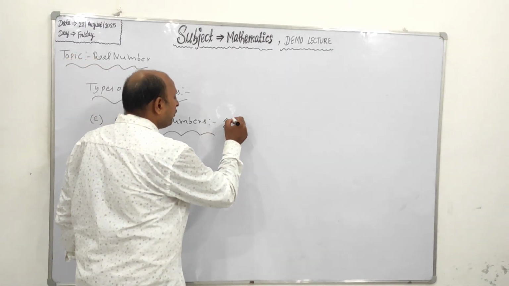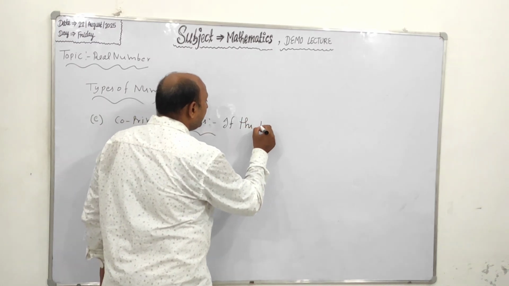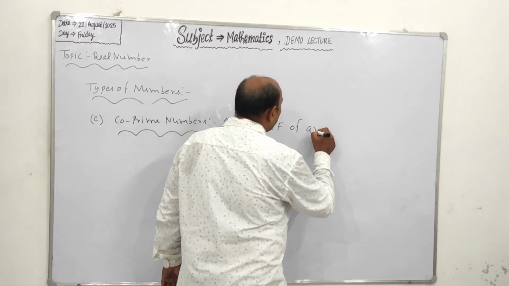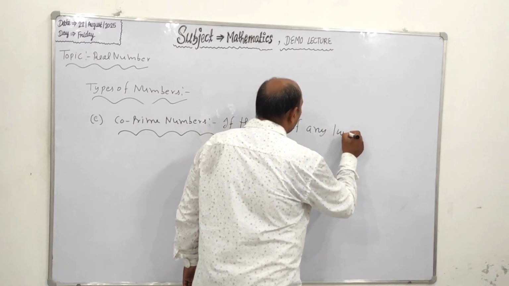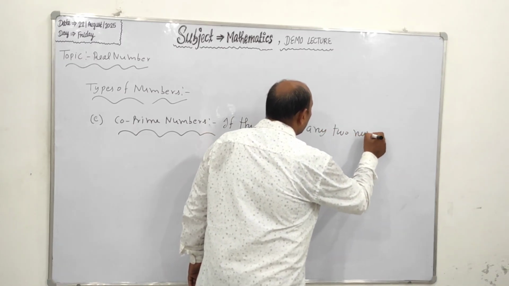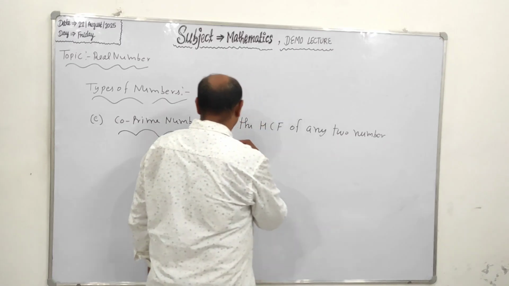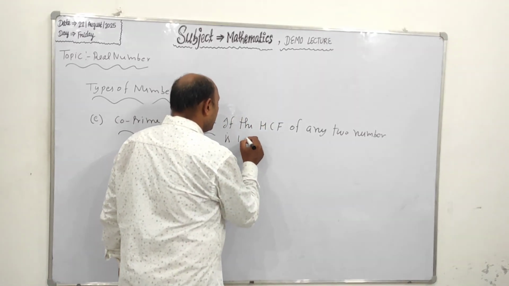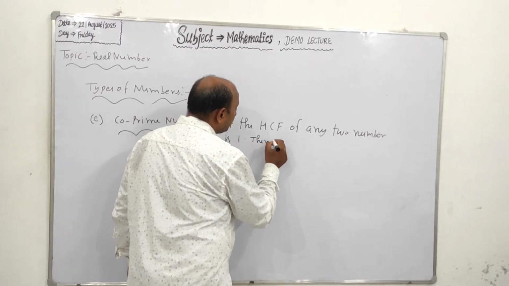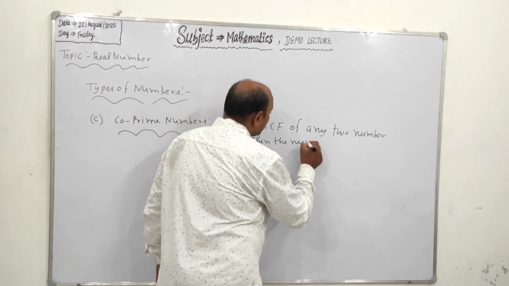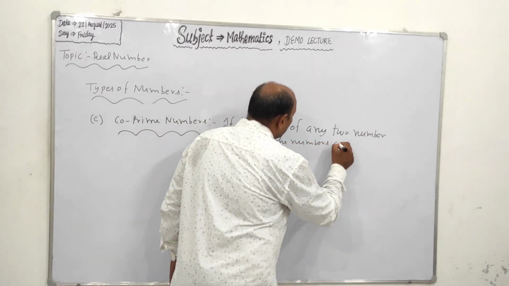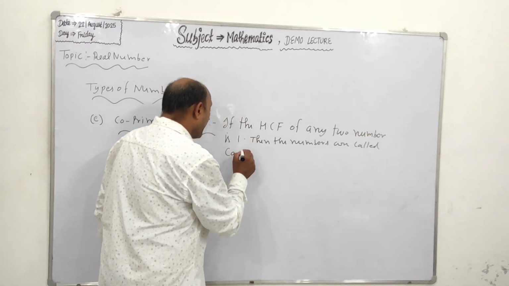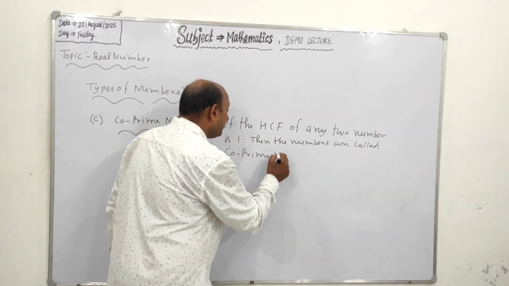If the HCF of any two numbers is 1, then the numbers are called co-prime numbers.